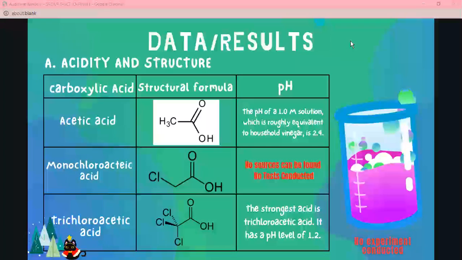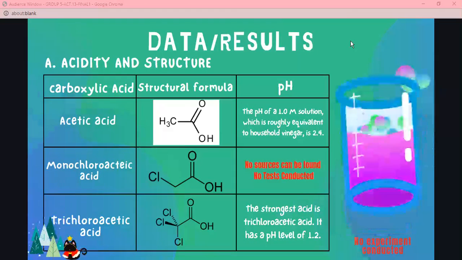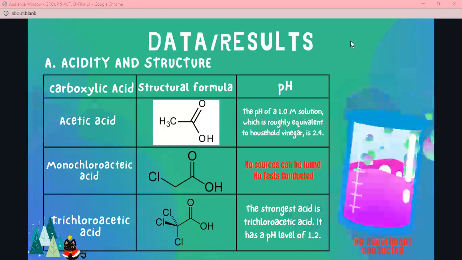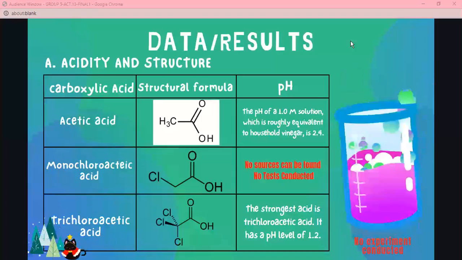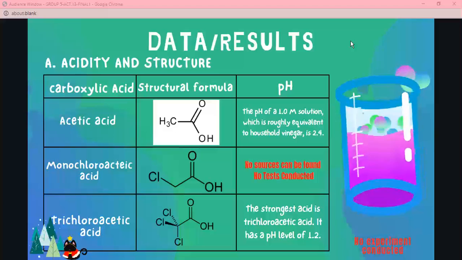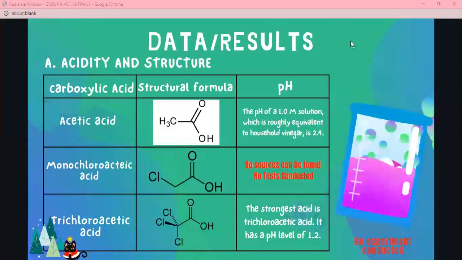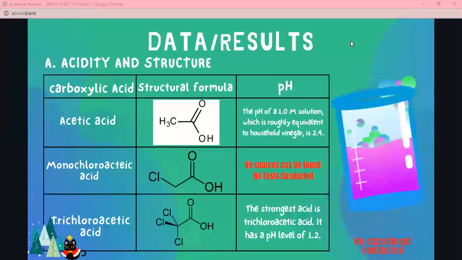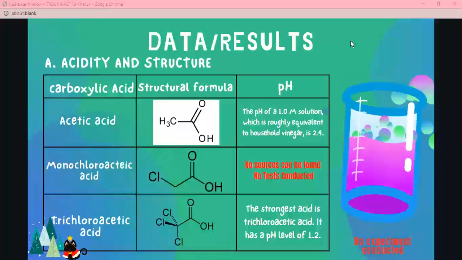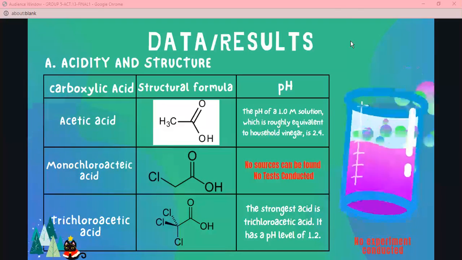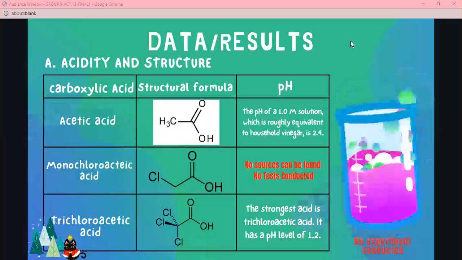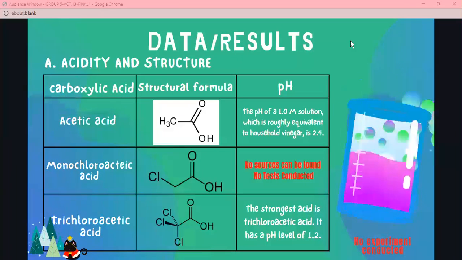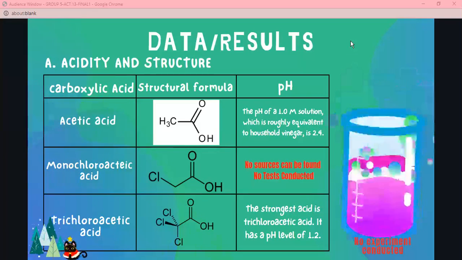Okay, so for our data and results, since we do not have enough time to conduct this laboratory experiment, the data and results that we will be discussing are solely based on sources from the internet.